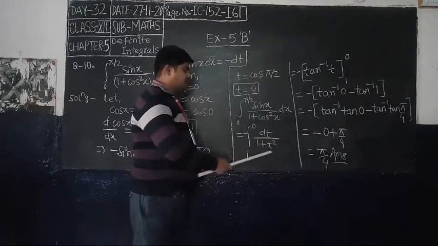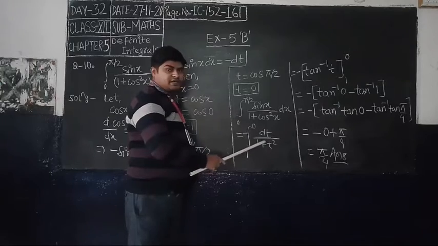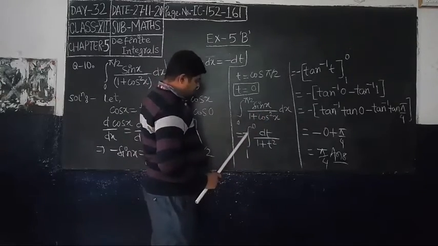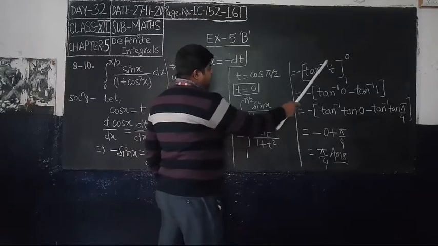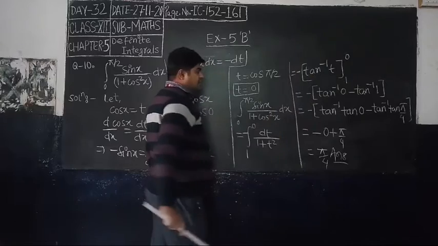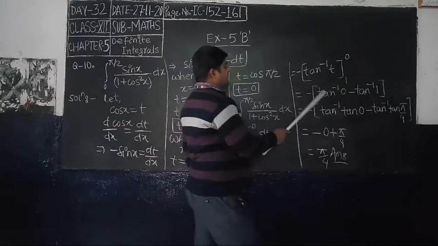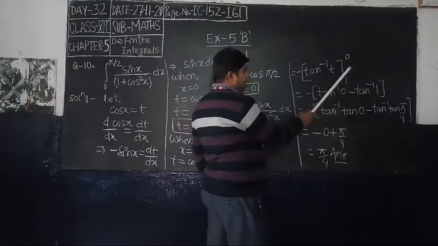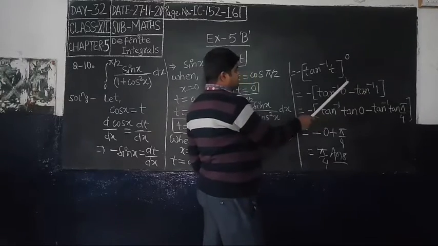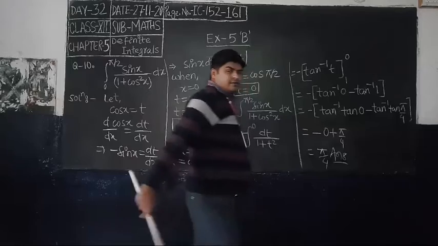And you know integration of 1 by 1 plus x square, or t square, is equal to tan inverse t. So minus, this is minus sign, this is minus sign, tan inverse t with limit 0 to 1. Minus tan inverse, put the value of t, t becomes 0, minus tan inverse, put the value of t is equal to 1.